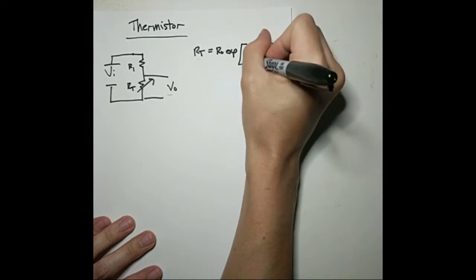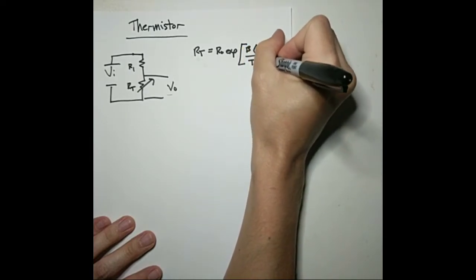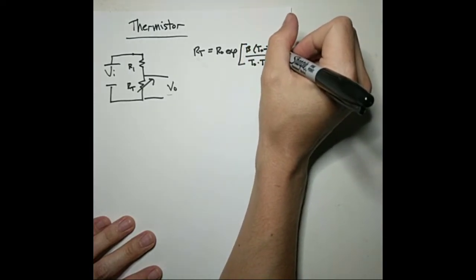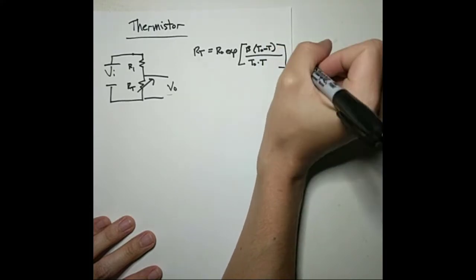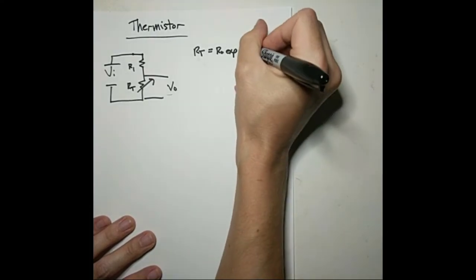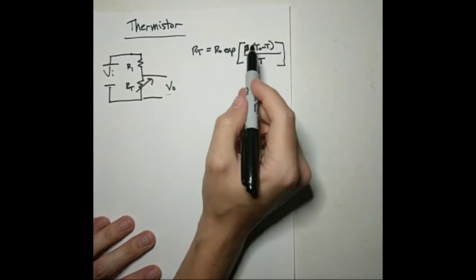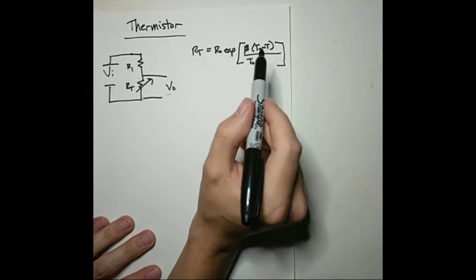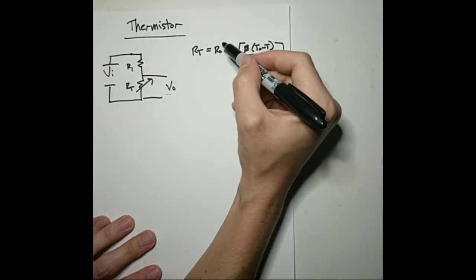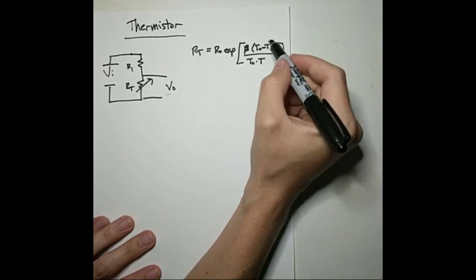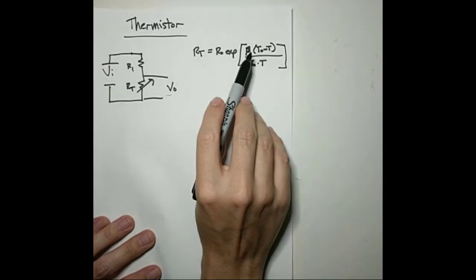And that's a minus T naught times T. So we have a couple of properties of the thermistor that will have to be given to you by the manufacturer. So that is R naught, T naught, and beta.